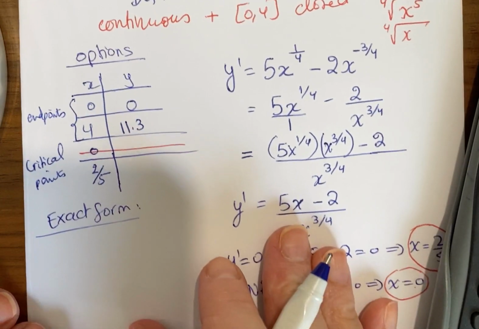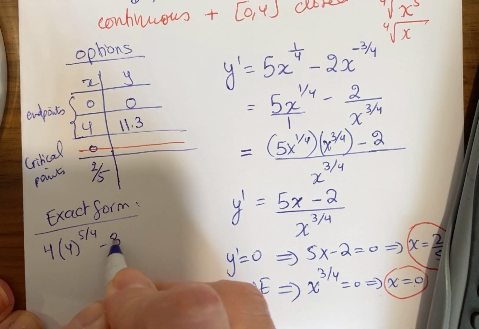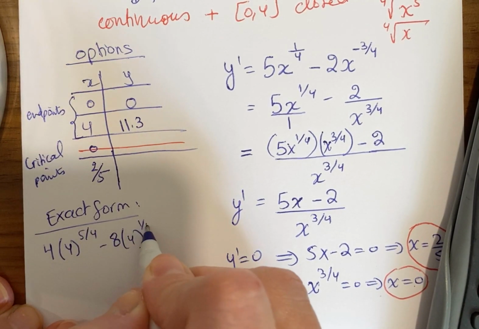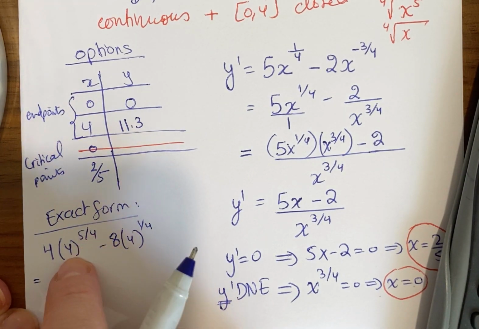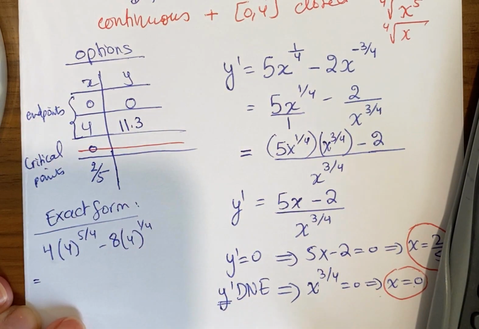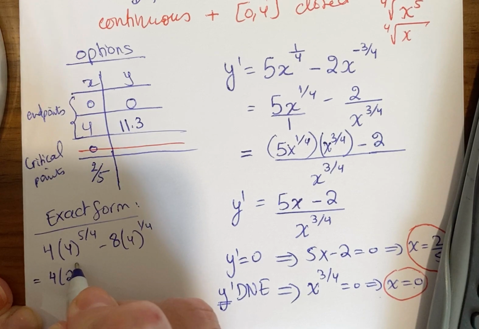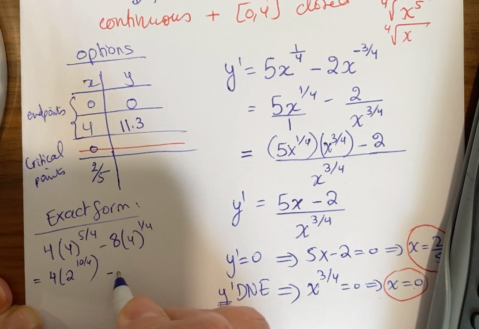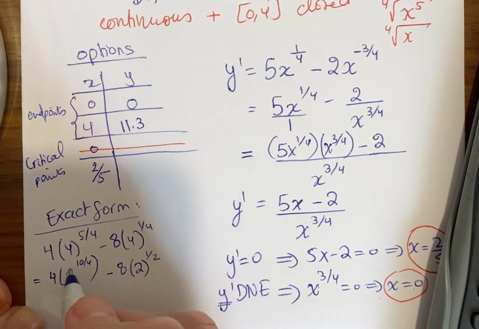just to go back to some algebra, it's 4 raised to the power 5 over 4 minus 8 times 4 raised to the power 1 over 4. This is 4 raised to the power 5, it's 2 to the power 2. So it's 2 to the power 10 over 4 minus 8 times 2 to the power 2 over 4, which is half.